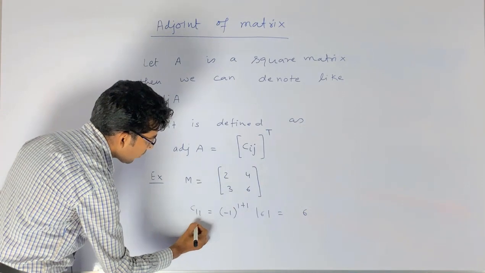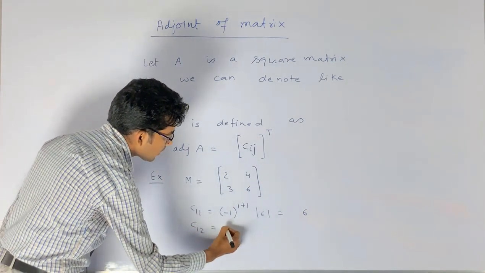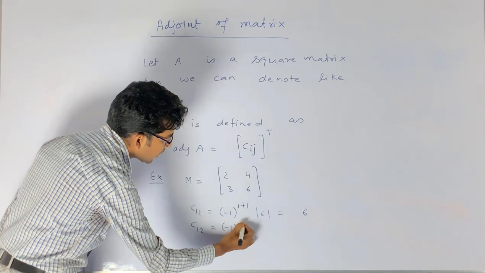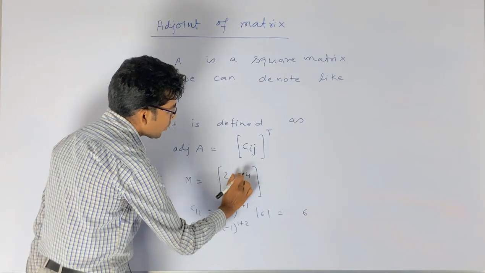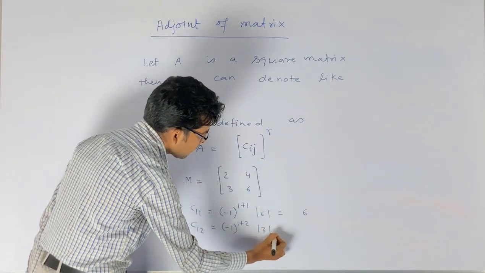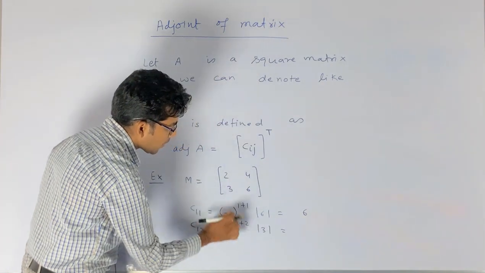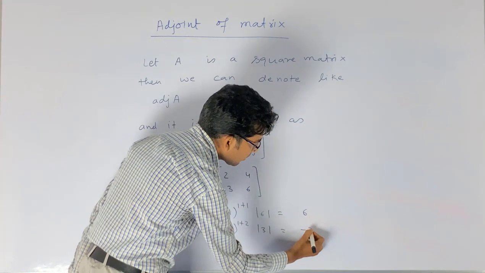Now, we calculate C12. C12 means minus 1 to the power 1 plus 2, and deleting first row and second column, we remain with 3. So, minus 1 to the power 3, that is minus 1, and this is 3. So, the final answer is minus 3.